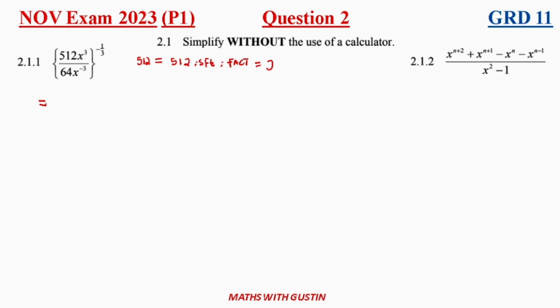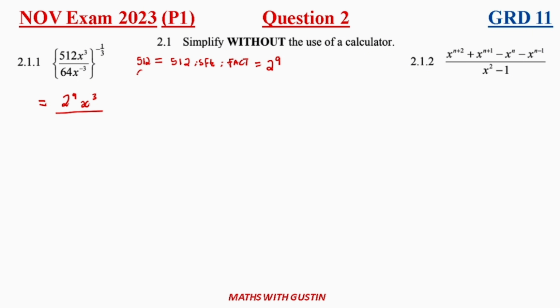It will give you the answer of 2 to the power of 9. That's how you would deal with this one. So it's going to give you 2 to the power of 9, x to the power of cube, all over 64.